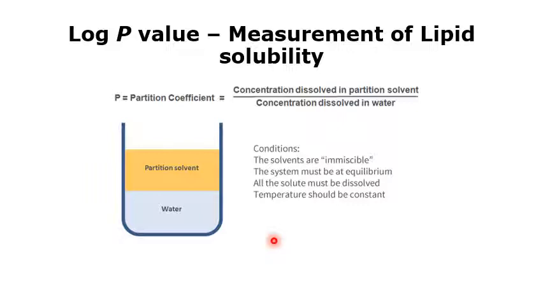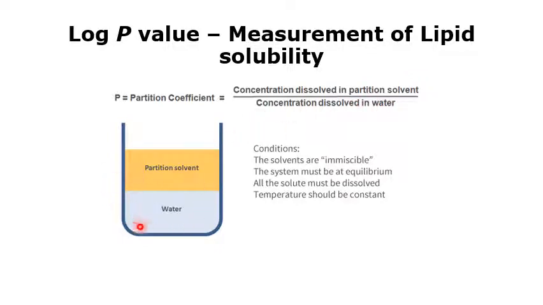In concept, the log P value is the logarithmic scale of the partition coefficient, and we can calculate the partition coefficient by measuring the concentration of a drug dissolved in a partition solvent, which is usually a highly lipophilic organic solvent like octanol, and the concentration dissolved in water.